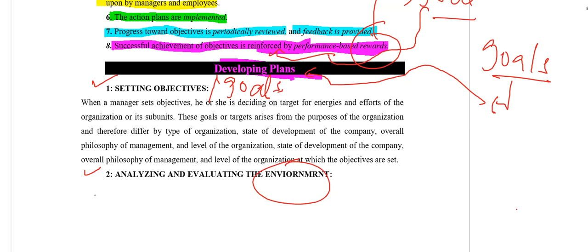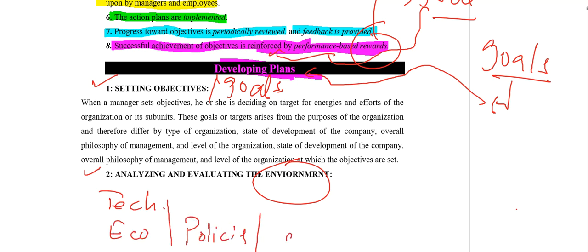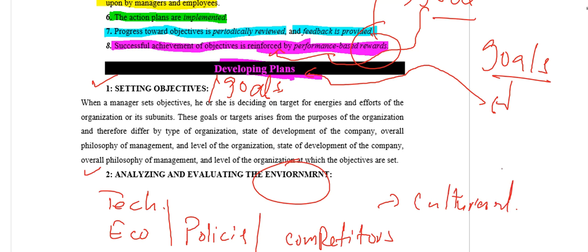Environment means external factors. External factors means technology, economy, government policies, competitors, cultural factors. These are all the factors which are evaluated after setting the objectives.